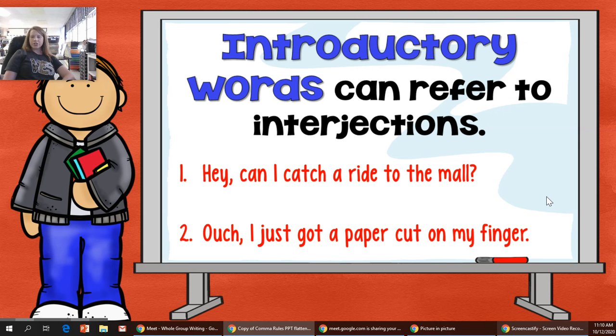Which one of those words is the interjection? Ouch, yeah. Hey and ouch are interjections. So there's going to be a comma after those. Interjections show being excited and they show emotions. So like hey, like excited, or ouch, that's an emotion.